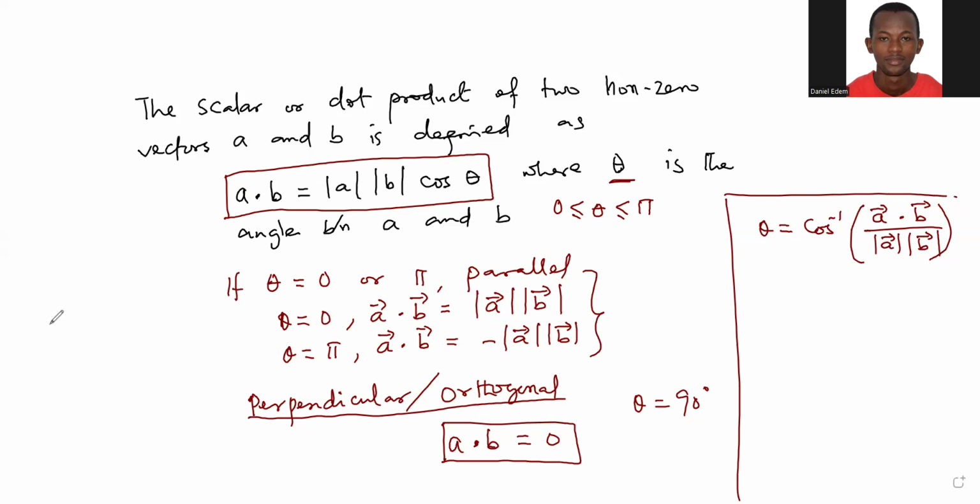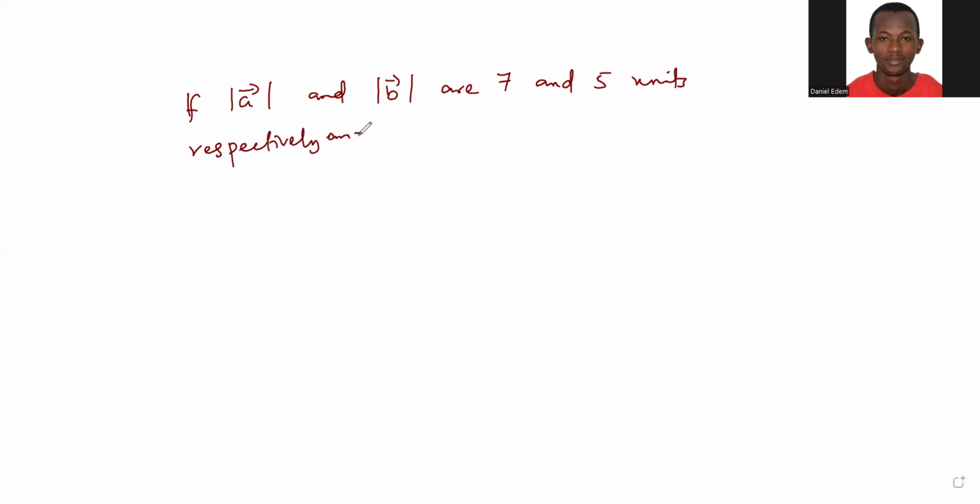Having understood this, let's take an example. So if the magnitudes of A and B are 7 and 5 units, respectively, and the angle between vector A and vector B is pi on 3.